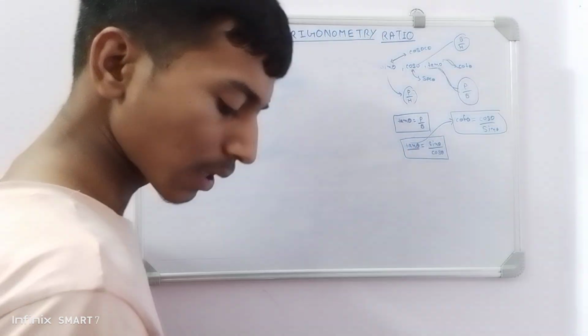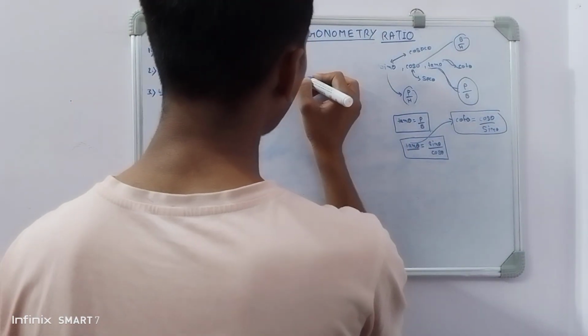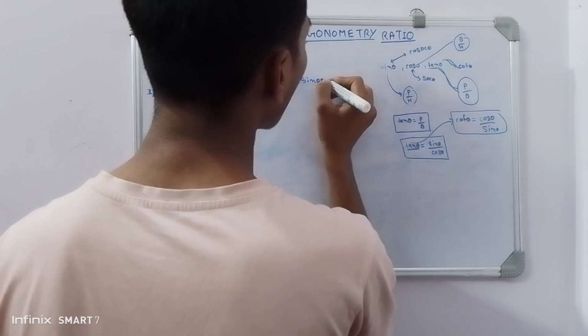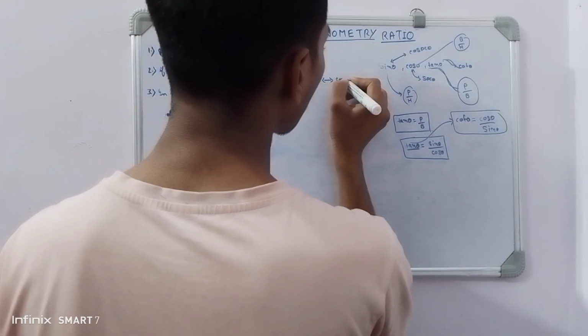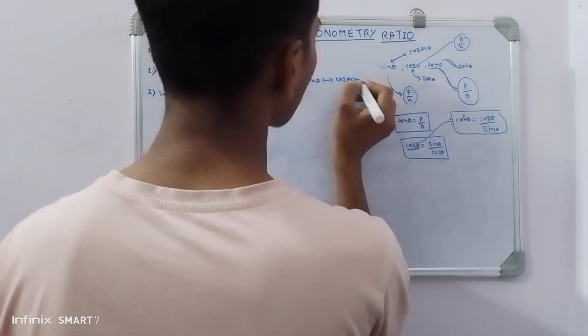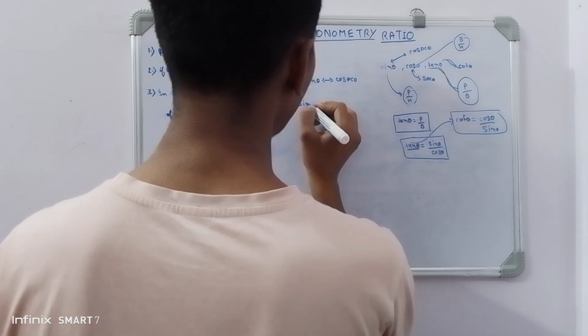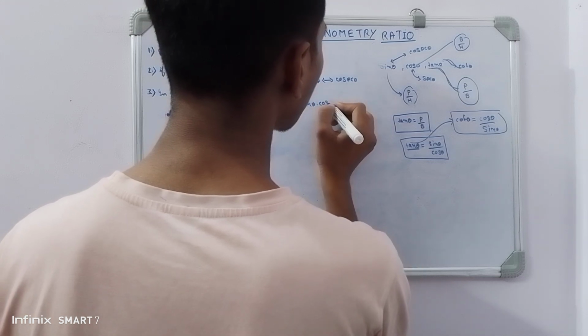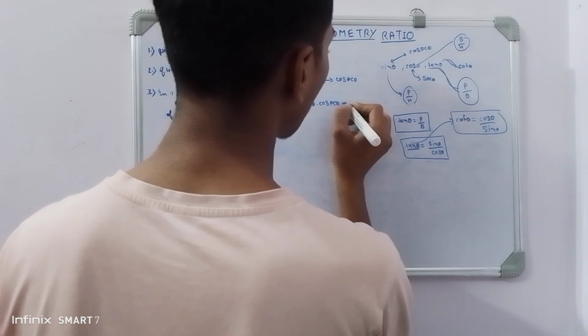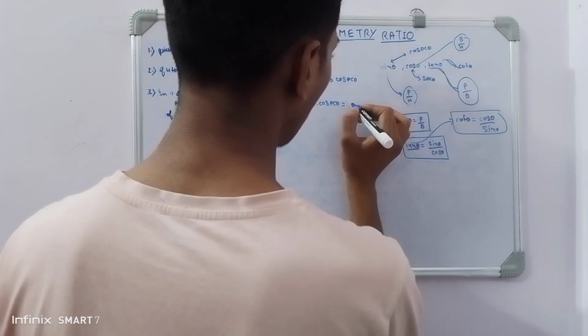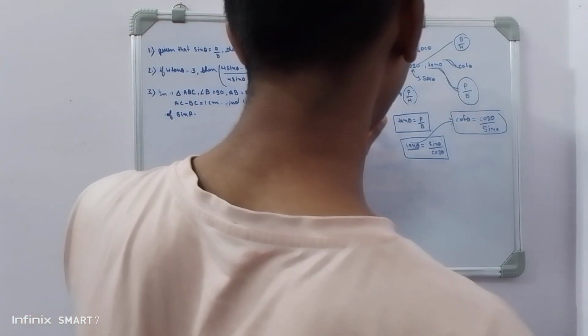And as we have, sine theta's reciprocal, that means its opposite, is cosec theta. So if I write sine theta into cosec theta is equal to x, then find the value of x.